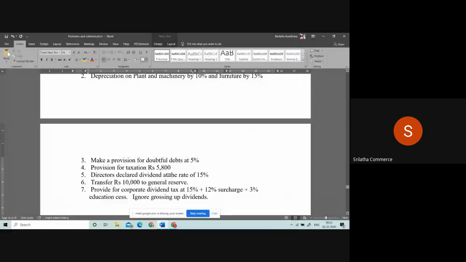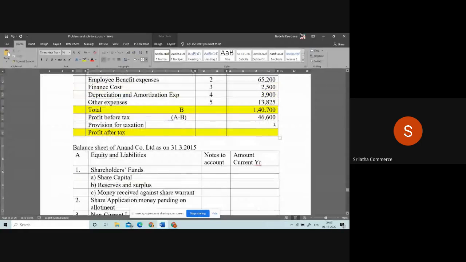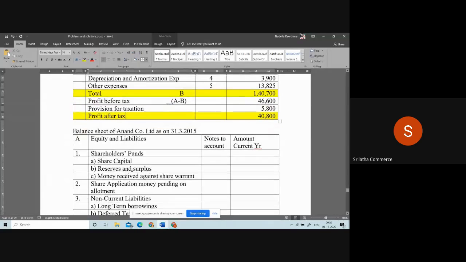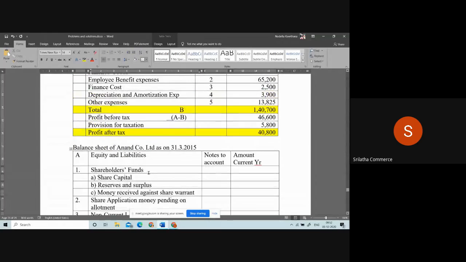Provision for taxation is how much? 5,800. So provision for taxation 5,800 to be deducted. So what is your profit after tax? 40,800. Okay, 40,800 is profit after tax. Where do you take this profit after tax? We take it under reserves and surplus. Is it clear? Now everyone completed? Just 2 minutes I'll give. Then we start doing the balance sheet.